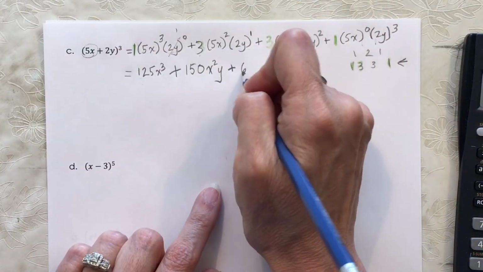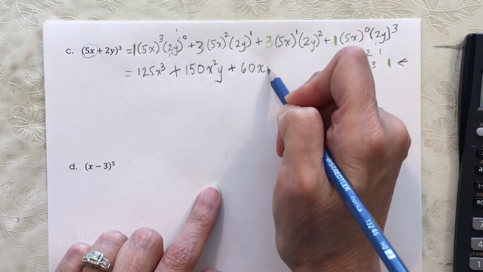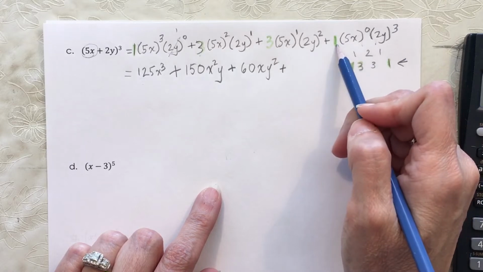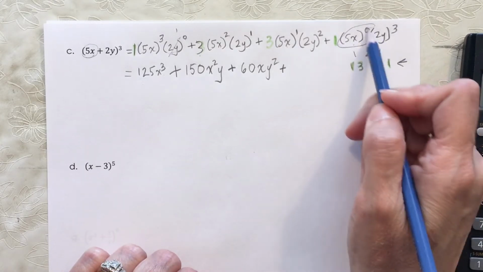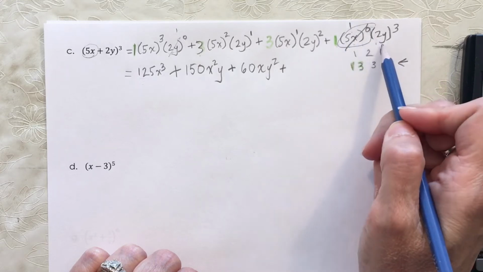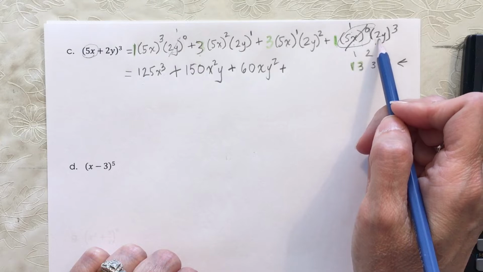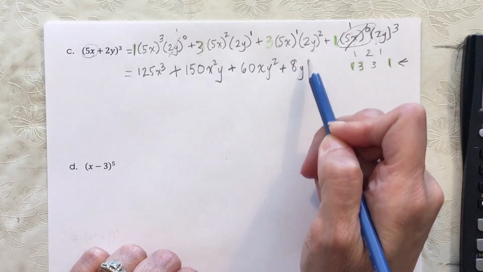So the number is going to be 60, x to the 1, which is x, y squared. Plus, so (5x) to the 0 is also 1, because anything to the 0 is 1. So 1 times 1 times (2y) cubed. So (2y) all cubed, the number is going to be 2 to the 3rd, which is 8y cubed.